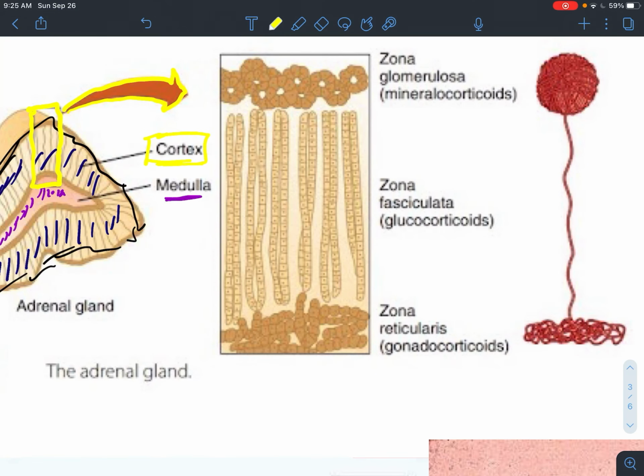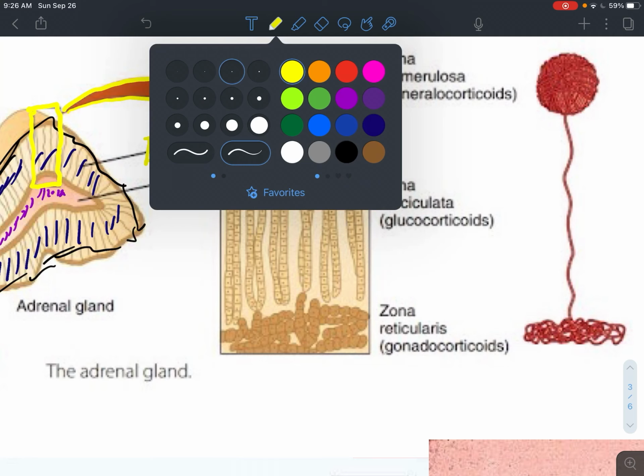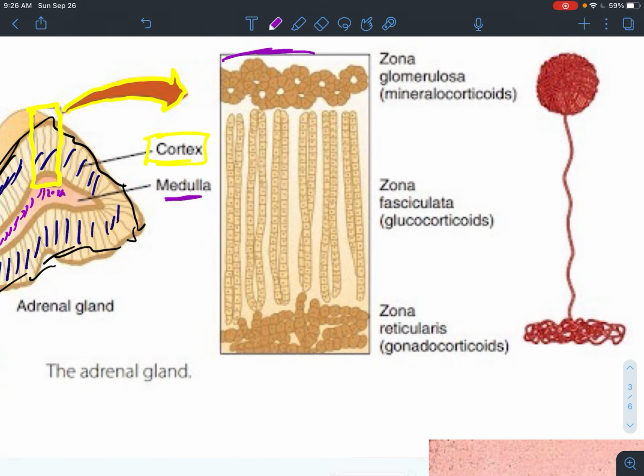You've got 3 layers of that cortex, right? So you've got the capsule on the top, right? So you want to imagine that you've got that capsule on the top of that cortex. And so that's right here, right? That's the capsule. And right underneath the capsule, you've got the first zone known as the zona glomerulosa.